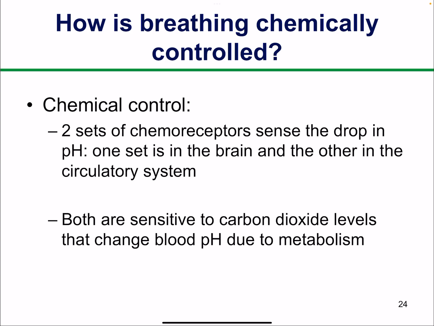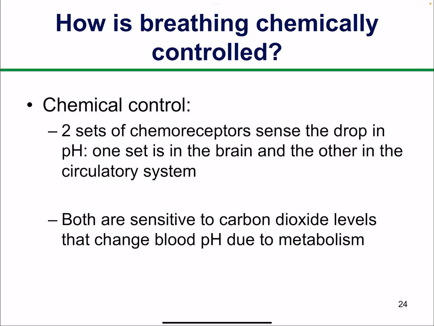Now, we have the nervous control of breathing, but you also have the chemical control of breathing. That chemical control of breathing follows some chemoreceptors, and those chemoreceptors are sensitive to pH change, right?